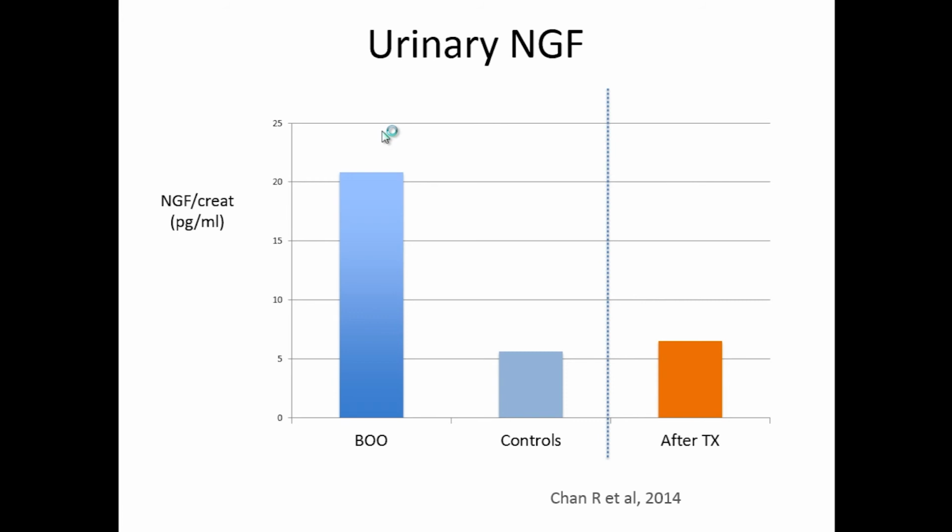And after treatment, this NGF would normalize and would be very similar to controls. So maybe this could also help in diagnosing in the future. However, this is not very specific, as I told you. Nerve growth factor in the urine, corrected for creatinine, has been associated with overactive bladder.